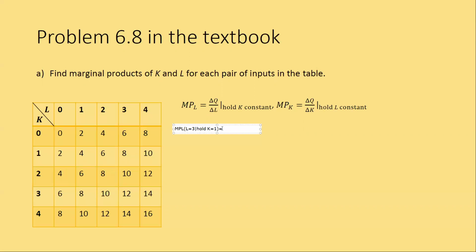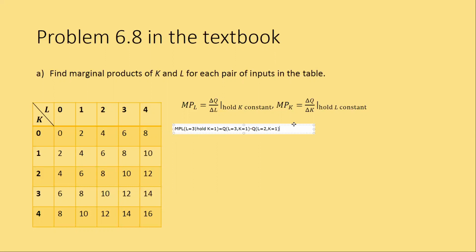By our definition, this is the total quantity we can produce by employing 3 units of labor and 1 unit of capital, subtracted by the total quantity we can produce by using only 2 units of labor and 1 unit of capital.